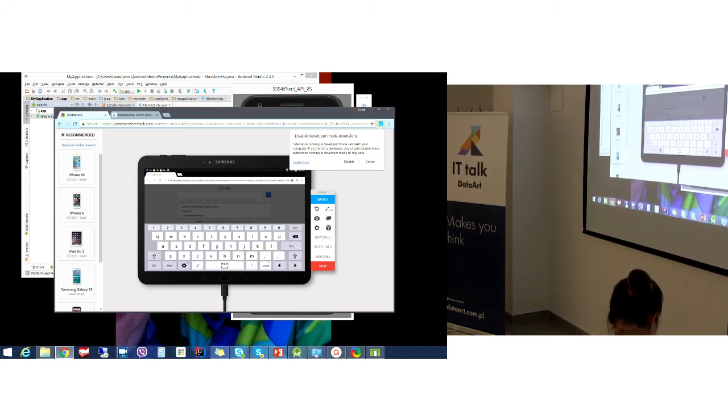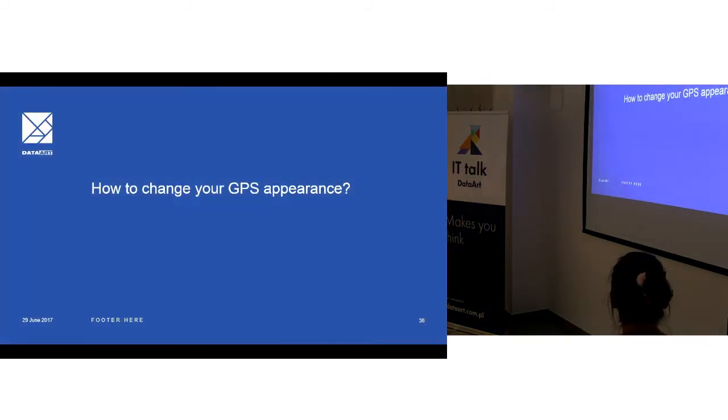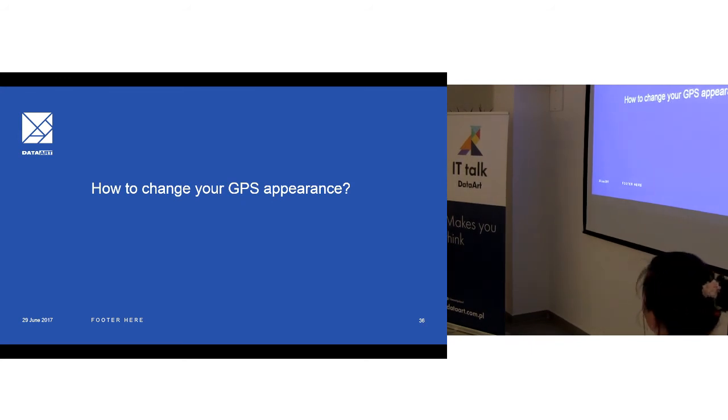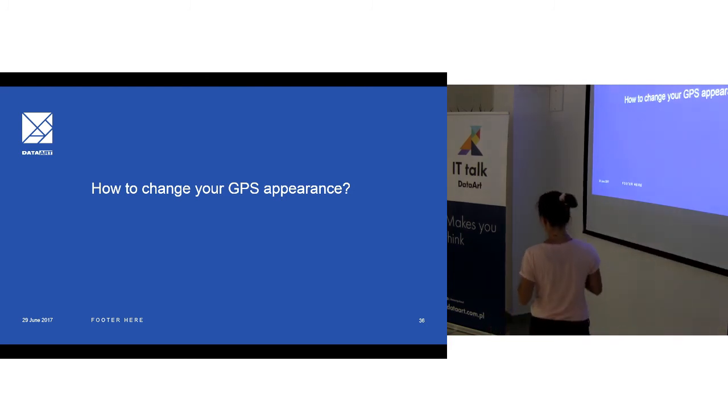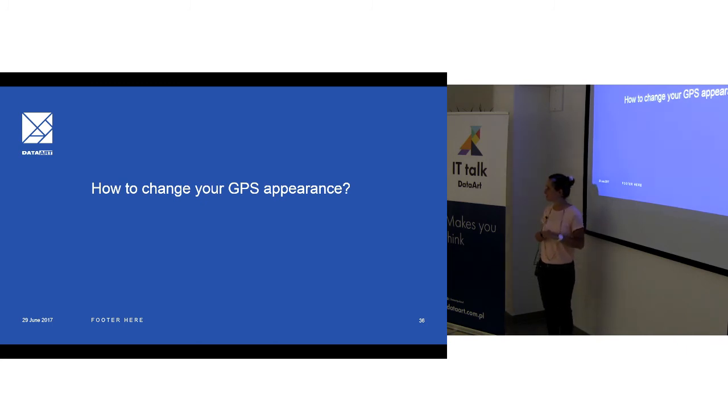Okay, next question is, oh yeah, that's also all from my life experience. How to change your GPS appearance, which means, for example, we had an application that was using my location, and I needed to change it.